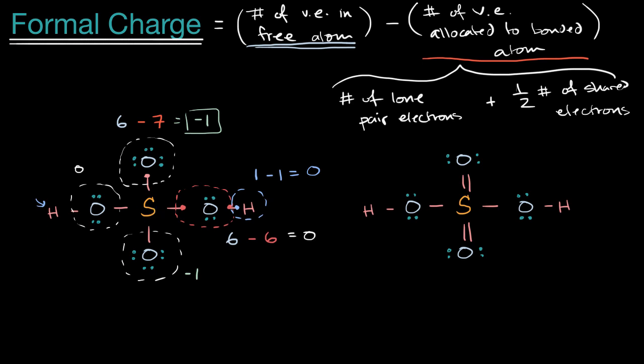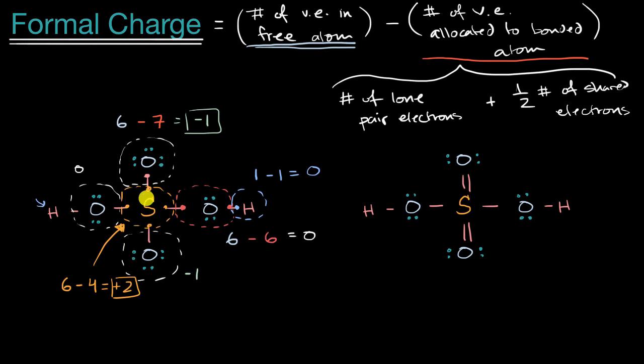And then last but not least, let's think about the central sulfur. A free neutral sulfur atom will have 6 valence electrons. Now this one, if we count the number of valence electrons allocated to this bonded sulfur, it has no lone pair electrons. But if we give it half of each of these bonds, 1, 2, 3, 4, so 6 minus 4 gets us to +2.